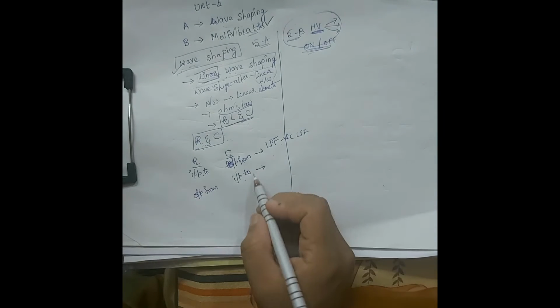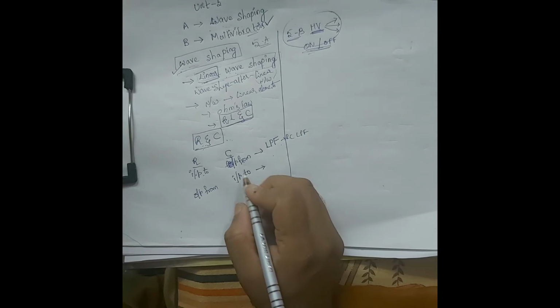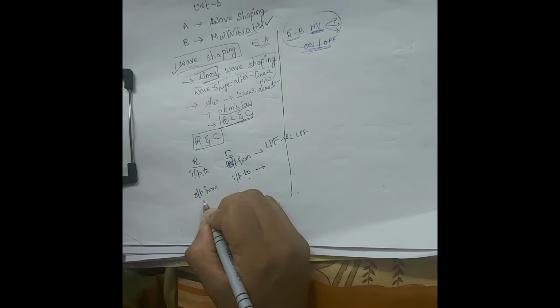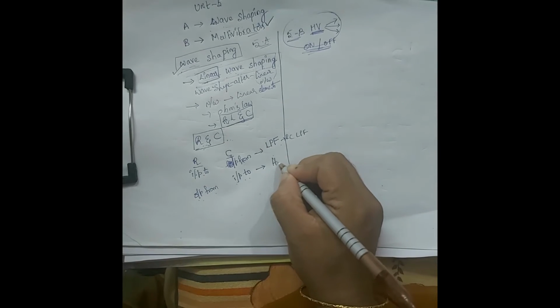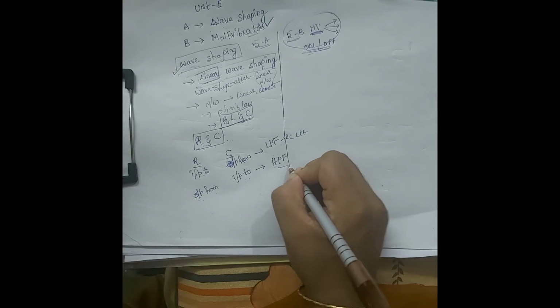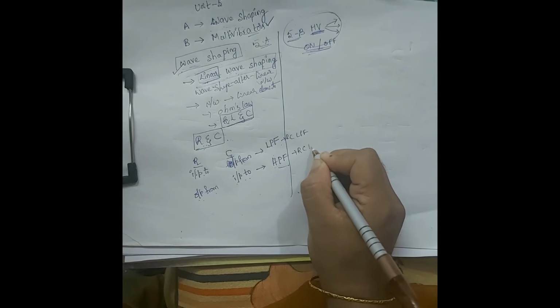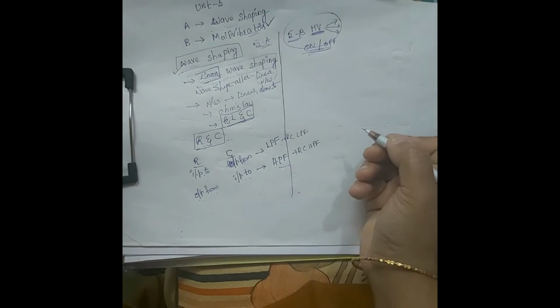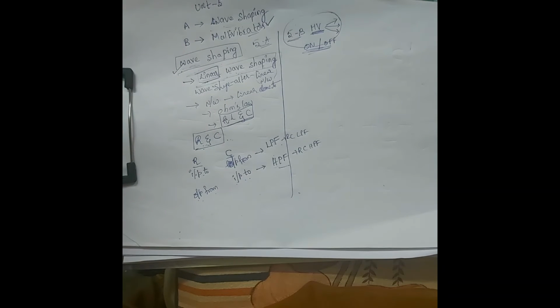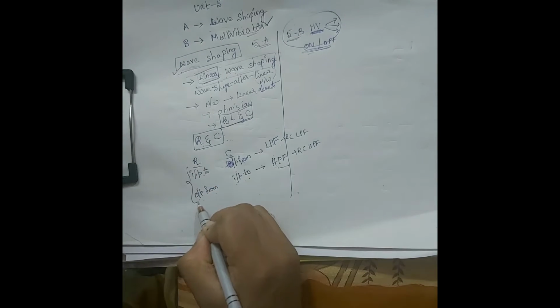Next one, if you give input to capacitor and collect output from resistor, then this automatically forms the opposite version, the RC high pass filter, which allows only high frequencies and rejects all the low frequencies.